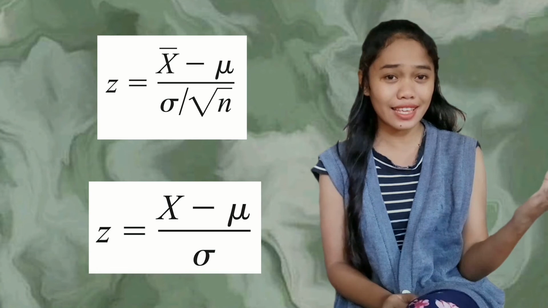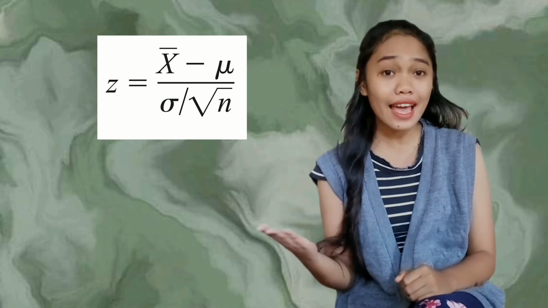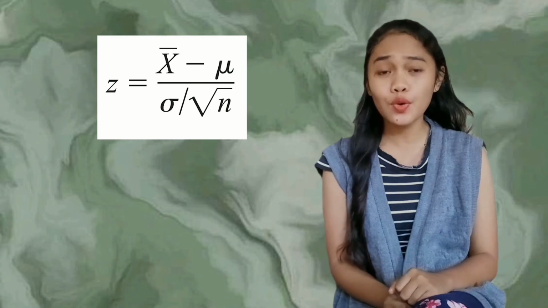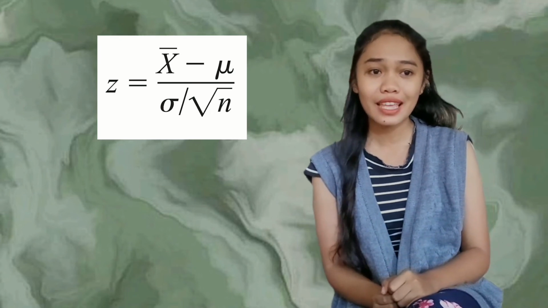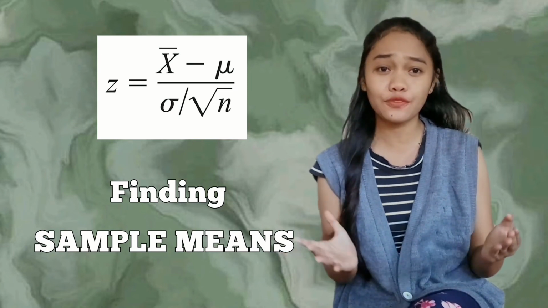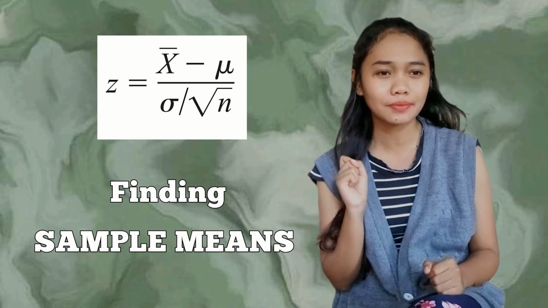Now, do not be confused in deciding what to use between this formula and this formula. The formula z equals x bar minus mu over sigma over square root of n is used to gain information about a sample mean.